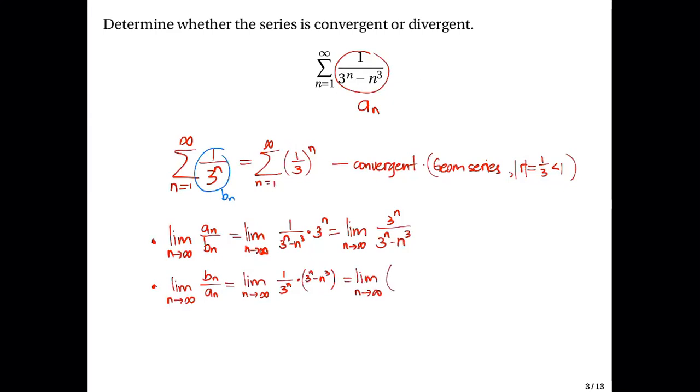If you distribute, this is just 1 minus n cubed over 3 to the n. And tulad ng sabi ko kanina, since polynomial ito and cube, ito ay exponential, mas mabilis si exponential. If you pass to the limit as n approaches infinity, itong guy na to mapupunta lang sa 0. So alam mo may limit ka, which is equal to 1.